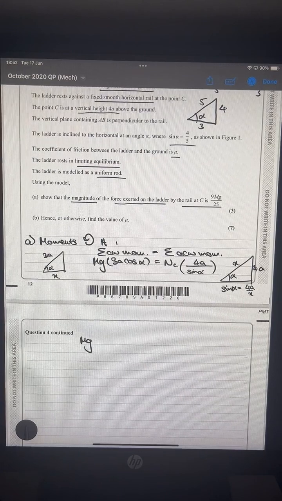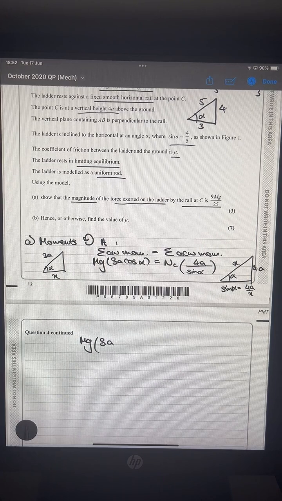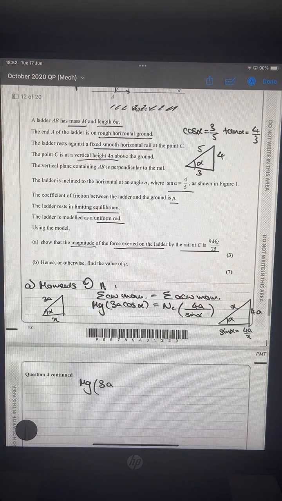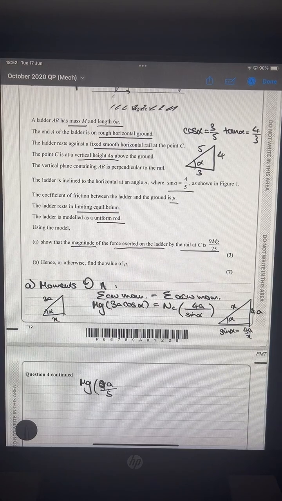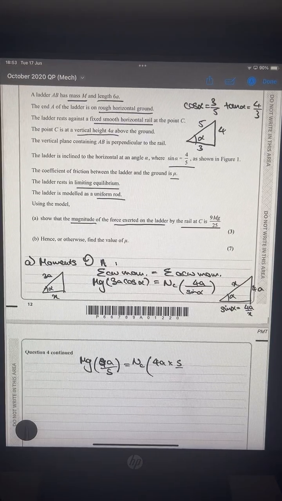So I have mg times 3a, and they allow me to have it in terms of mg, but the a's should cancel, as you can see. What is cos alpha? Well, I've done that over there. It's 3/5. So that's going to be 9/5 a. That's equal to Nc times 4a divided by sine alpha. Well, that's 4a times by the reciprocal of sine alpha, which is just times by 5 over 4.